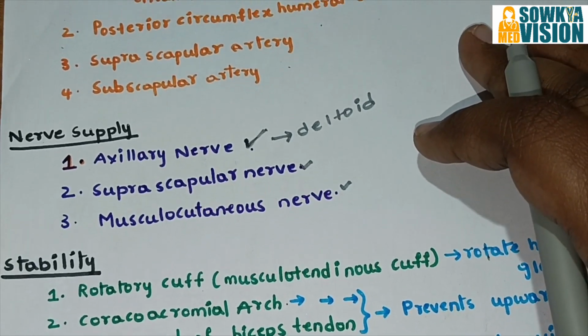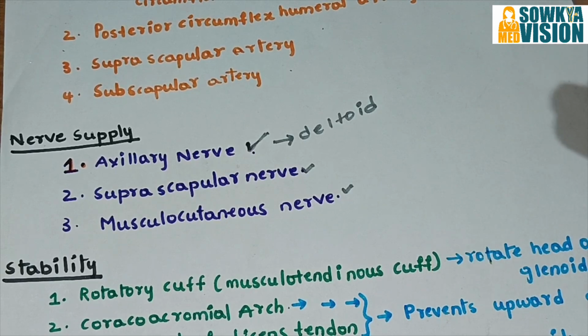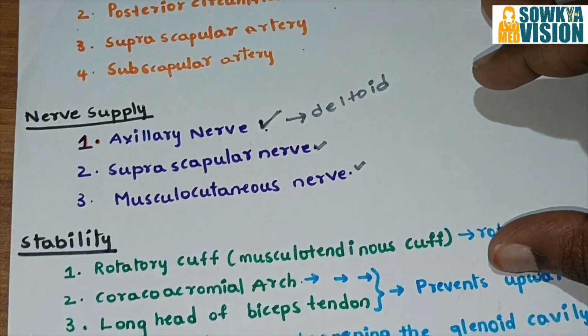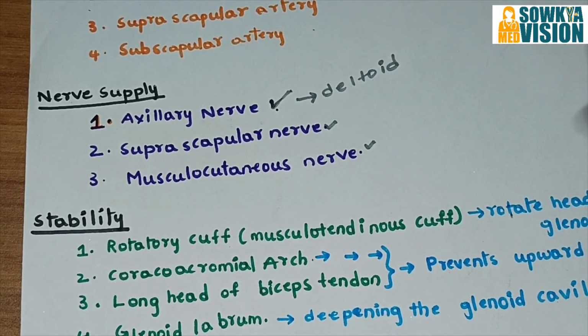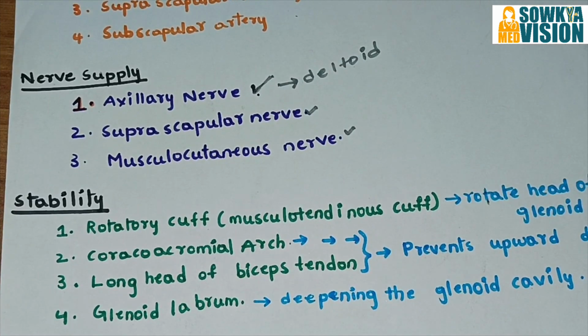So, as I said, it is less stable and more movable, so it is very prone to dislocation, right? In order to make it stable, there are some factors which make the shoulder joint not easy to dislocate. What are they?